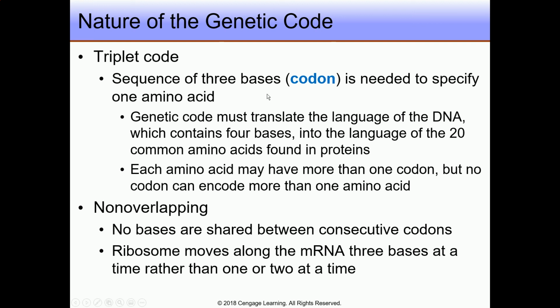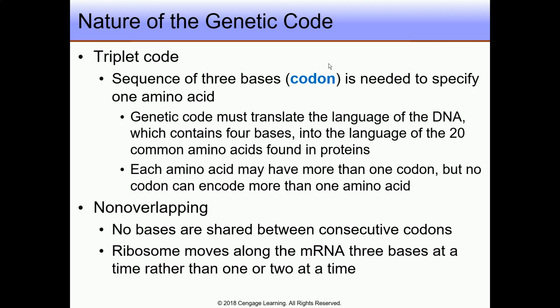So what is a codon? It's a sequence of three bases which is there on the mRNA. This codon is coming basically from the DNA. You know that the DNA gets converted into mRNA, then mRNA gets converted into proteins.